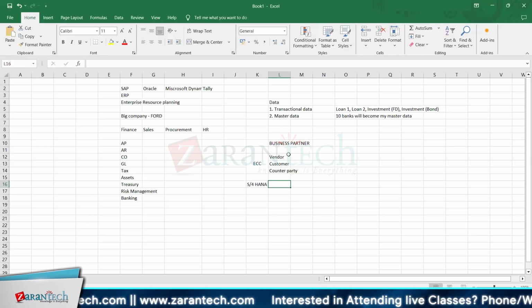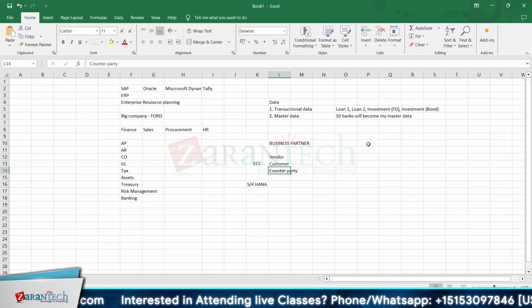So previously, when you used to have separate vendor, customer, counterparty, the main challenge was doing reconciliation, because there can be cases where the same entity can be your vendor also, it can be a customer also, and it can also be a counterparty. So in such cases, if you have three master data, then it's again a duplicate thing for you, and you also have to understand how much is the balance money that I have to actually make payment to that particular entity.